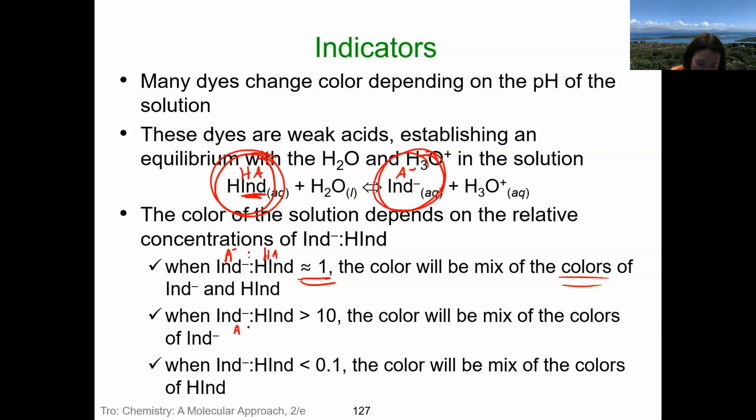When your A minus is 10 times greater than your HA, it's going to be mostly the base color, and exactly the opposite, when HA is 10 times A minus, you're going to have mostly your acid color.